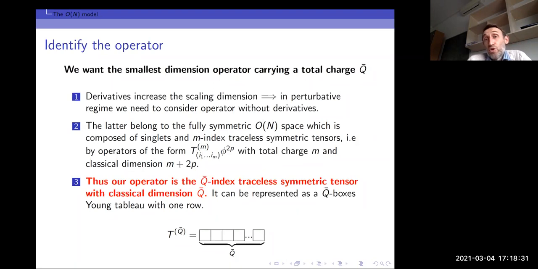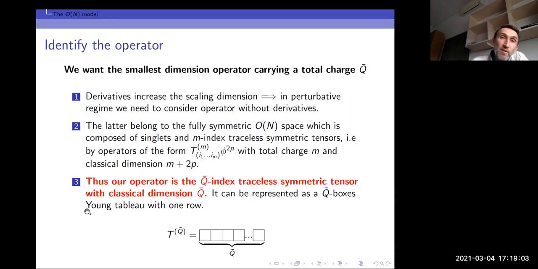So it's quite natural to understand that what we found are the operators without derivatives, the fully symmetric ON space, composed of the singlets and traceless symmetric tensors. These are operators of this form, where T is just the traceless symmetric tensor with charge Q, and classical dimension Q plus 2P.